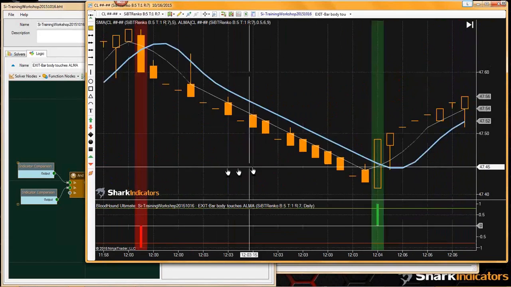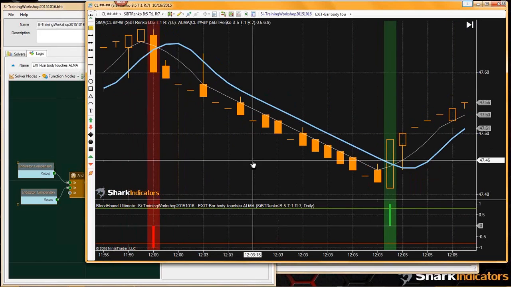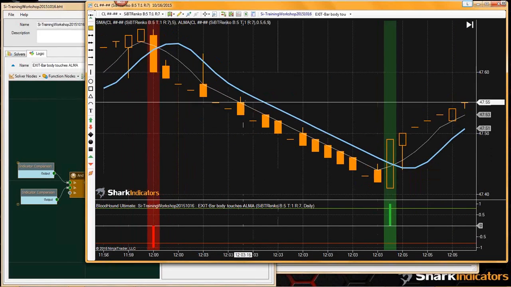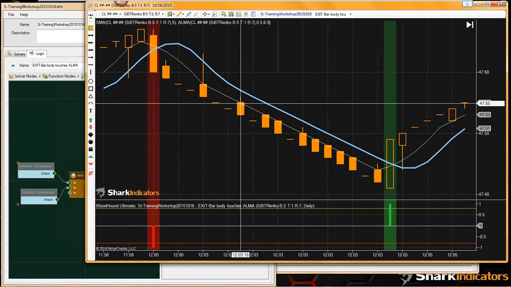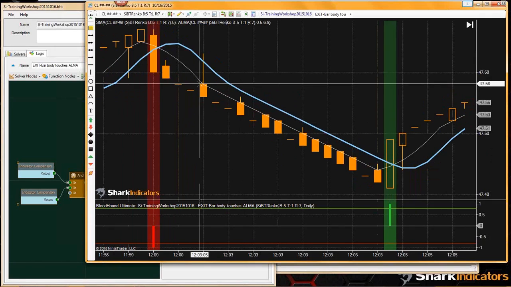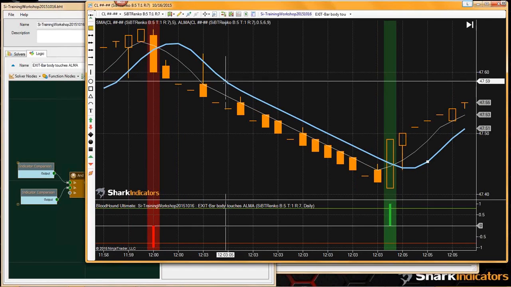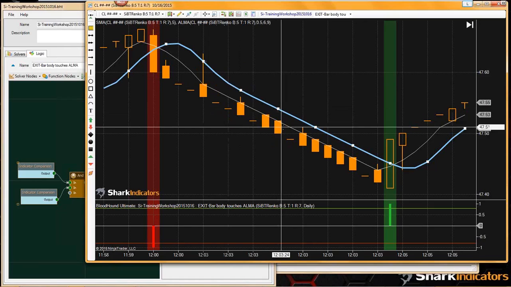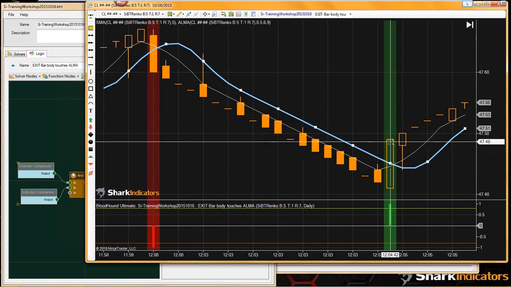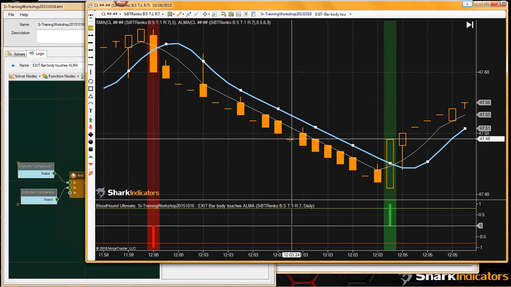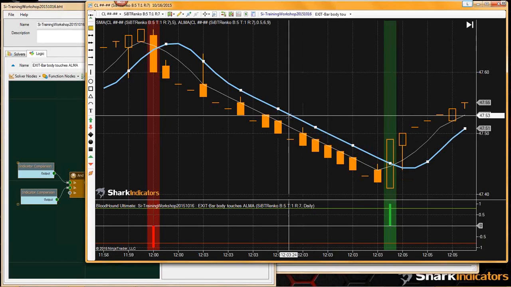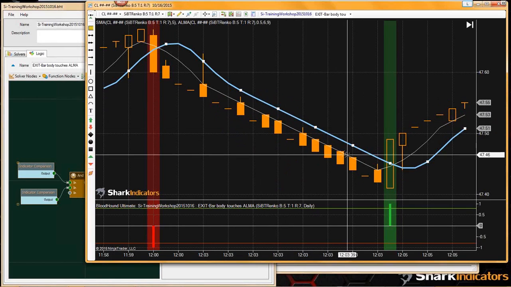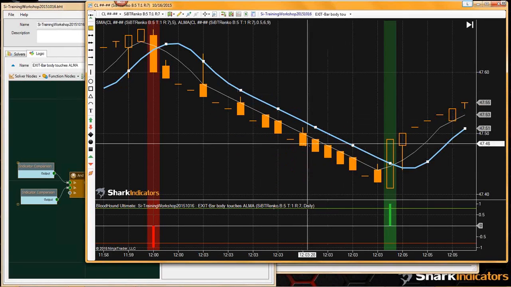So, going back to the original question, I don't think your ALMA indicator would ever stop you out before price actually reverses, just because the indicator always seems to be a couple of ticks above the bodies of these Renko bars.